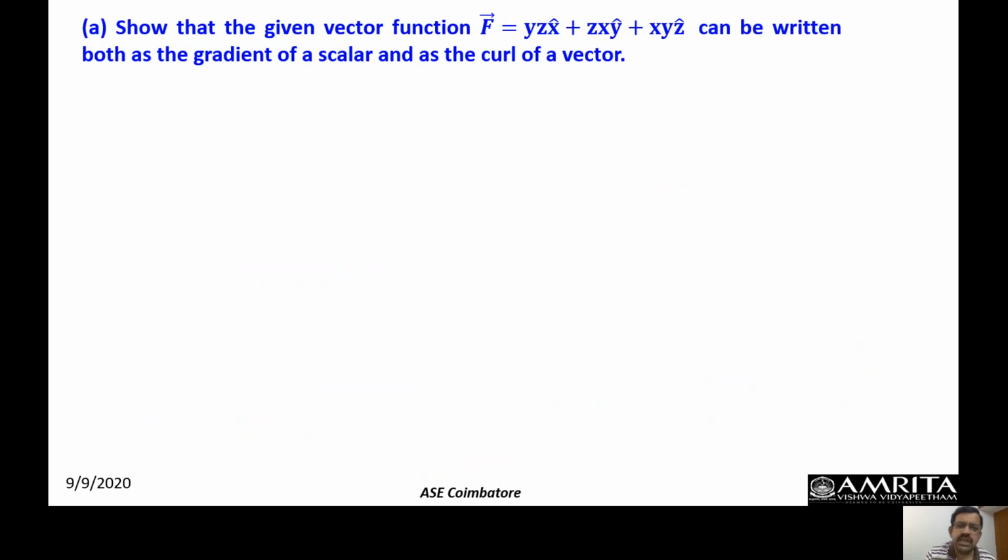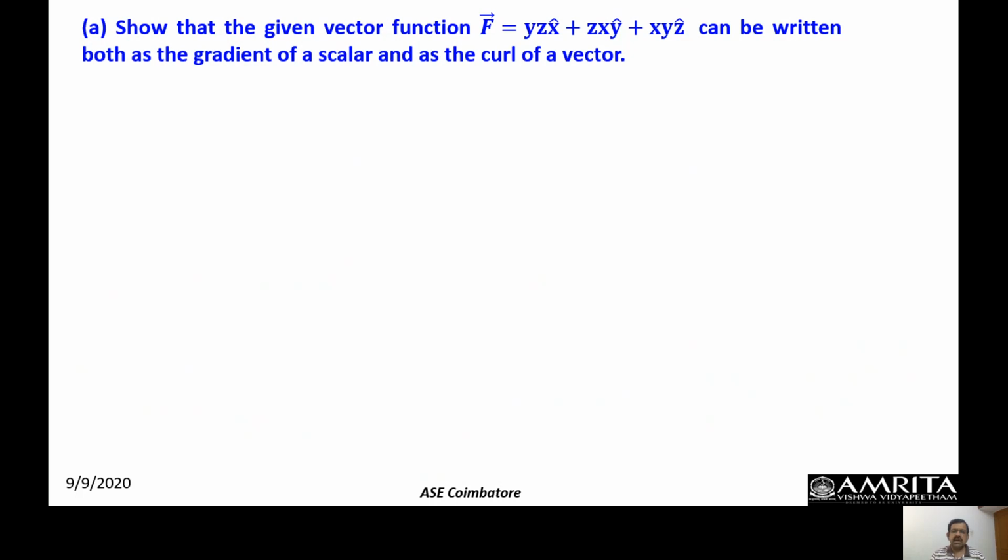Show that the given vector function yz x hat plus zx y hat plus xy z hat can be written both as a gradient of a scalar and as the curl of a vector function. So how do I proceed? The first question is, I have to prove that the given vector function can represent the gradient of a scalar.